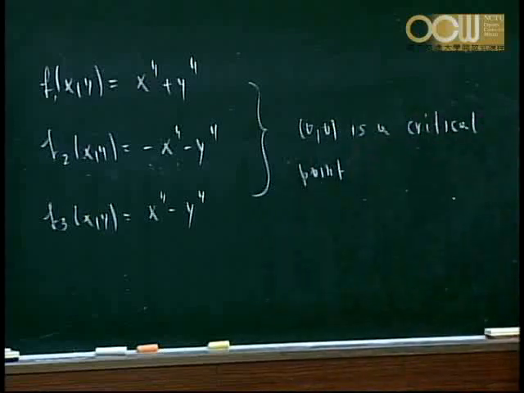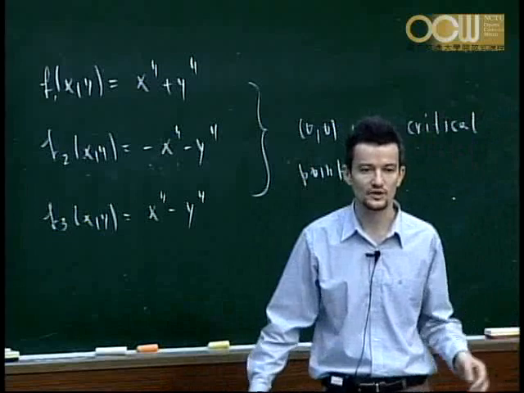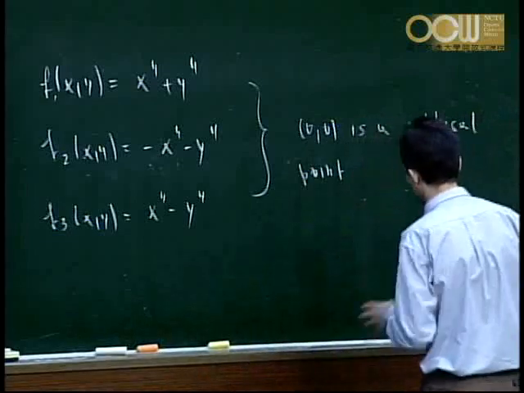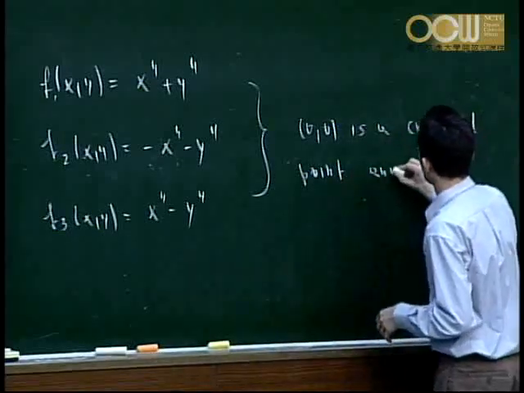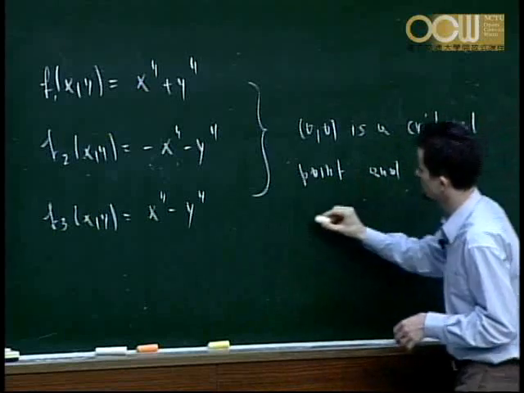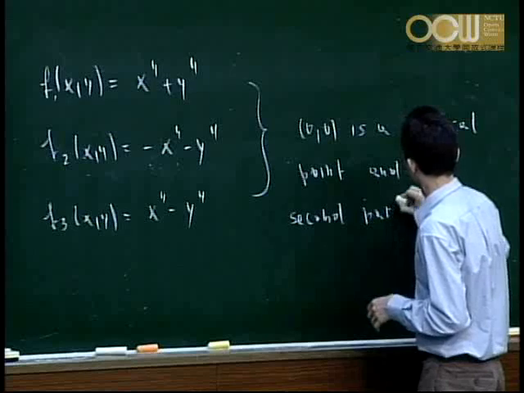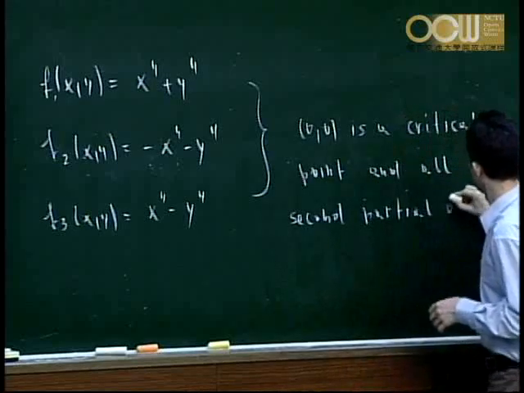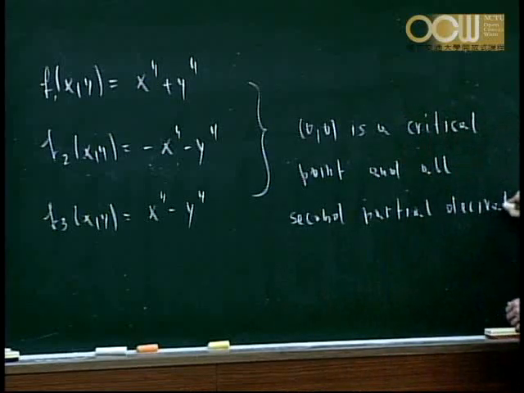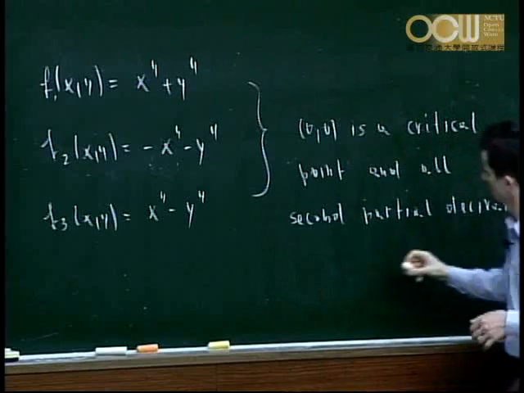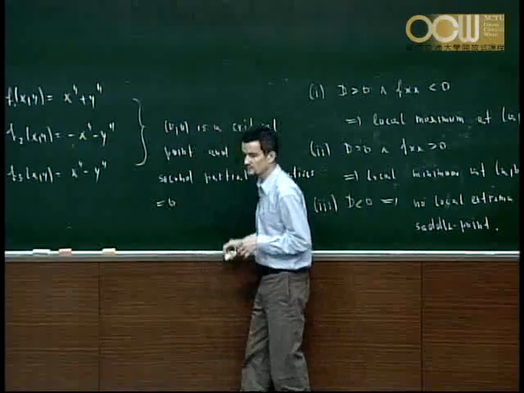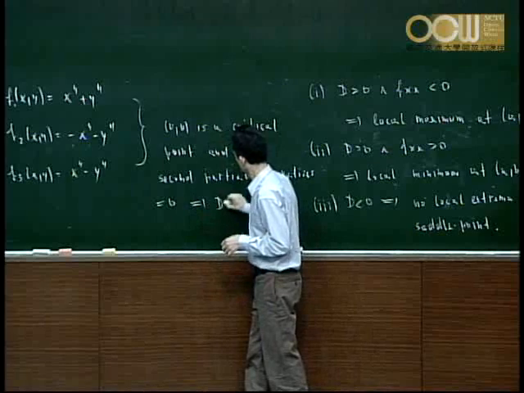But what you easily see as well is that all partial derivatives are 0. All second partial derivatives are 0. So D is equal to 0.